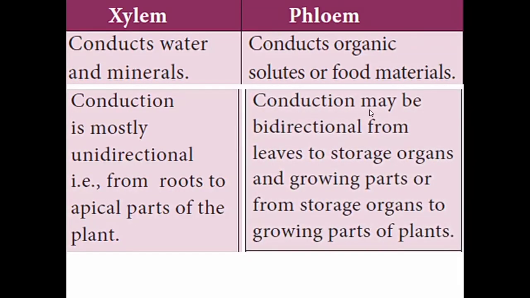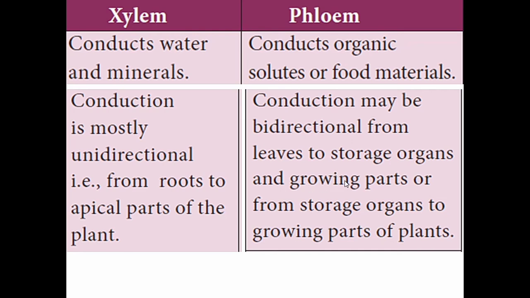In phloem, conduction may be bidirectional. The first is from leaves to storage organs and growing parts. Second, from storage organs to growing parts of the plant. The food produced by leaves is transported to storage organs or growing parts.